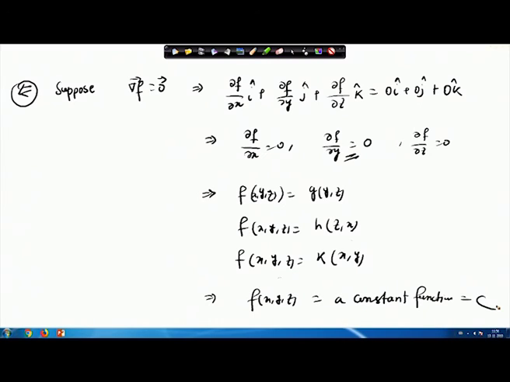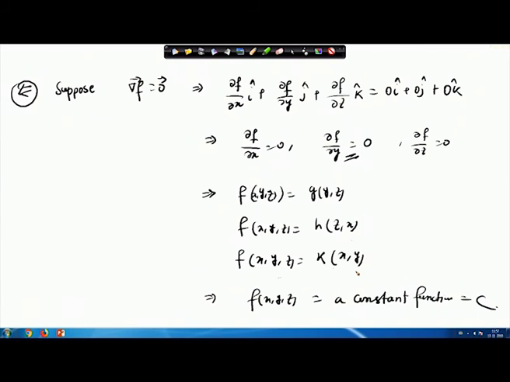So, if f is a function of y and z, of z and x, and of x and y, then from the first solution we can see that f is independent of x. From the second equation, we see that f is independent of y. From the third equation, we see that f is independent of z.